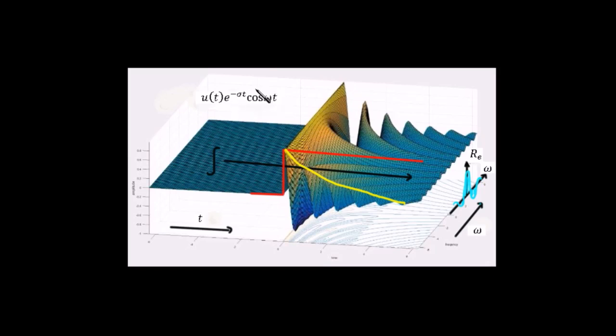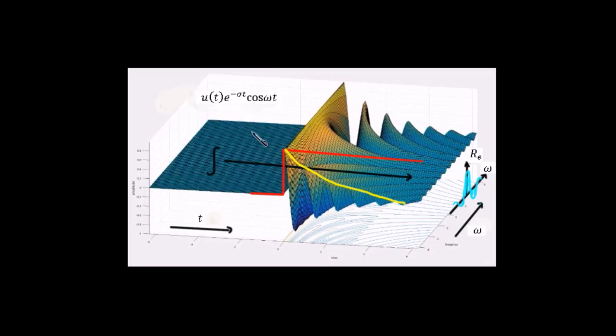But now this entire surface has been modulated by this function u of t times e to the minus sigma t. Now let's say u of t in this instance is just a unit step. So it comes along with value 0, and when it gets to 0 it goes up to a value of 1, and it continues along with a value of 1. So we're taking this function u of t and multiplying it by e to the minus sigma t.